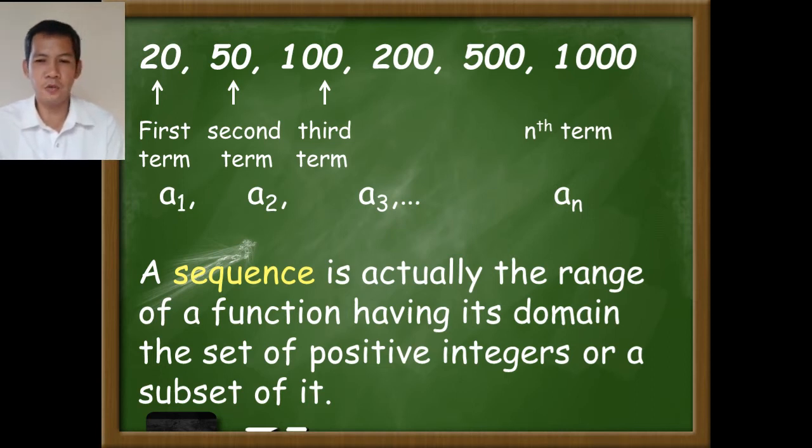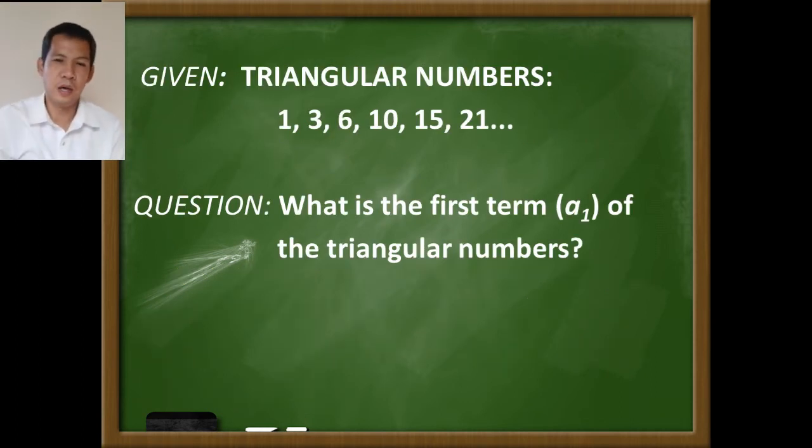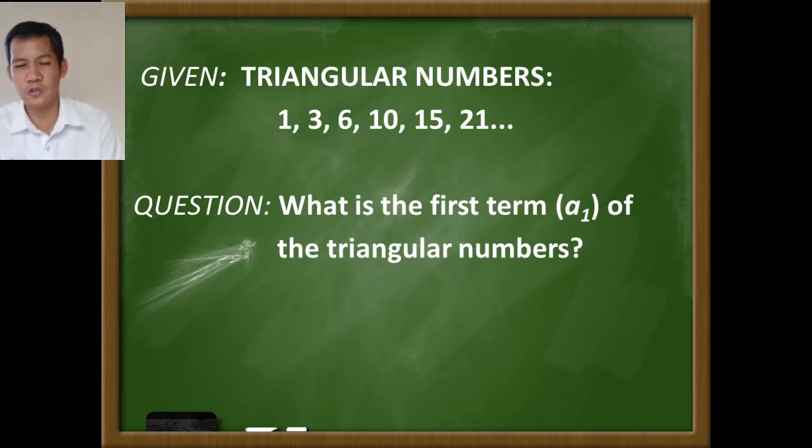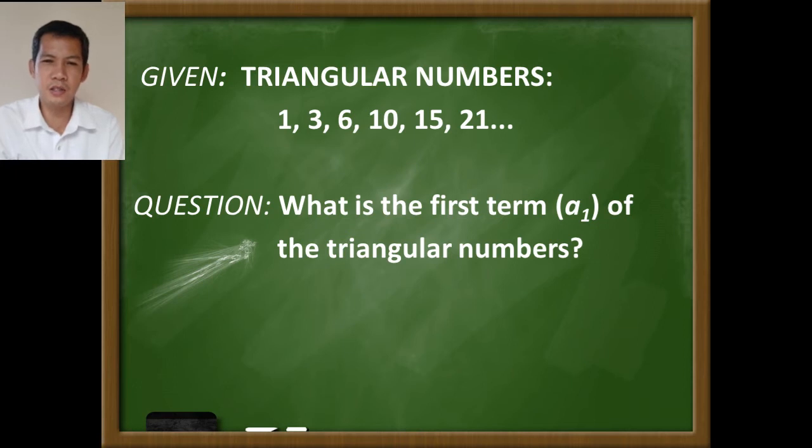A sequence is actually the range of a function having its domain the set of positive integers or a subset of it. For you to understand further this lesson, let us answer the following questions. Given the triangular numbers 1, 3, 6, 10, 15, 21, what is the first term or A sub 1 of the triangular numbers?